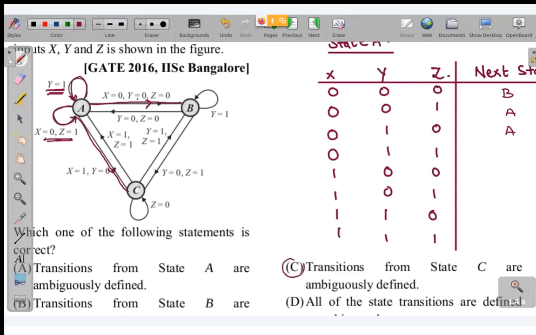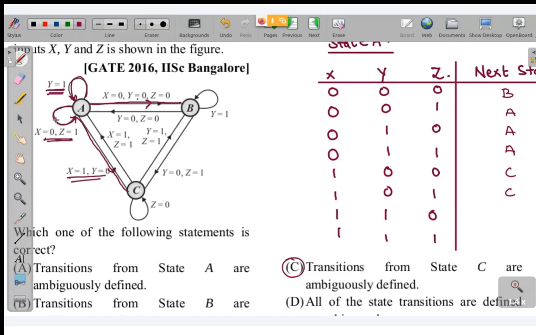So Shubham is telling option C. We will see. So this is A. Now look, X1, Y0, Z0. X1, Y0 we have only in this case. In all the other cases, there is no X1. Over here also you will see X1, Y1. So where is X1, Y1? Here we have X1, Y0, so this will not be the case.